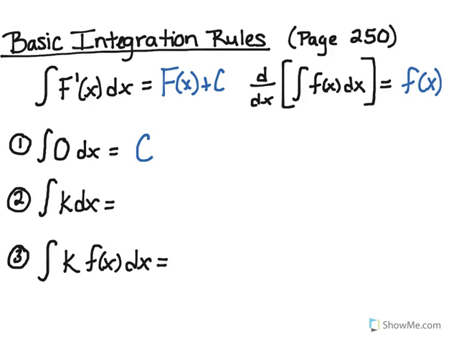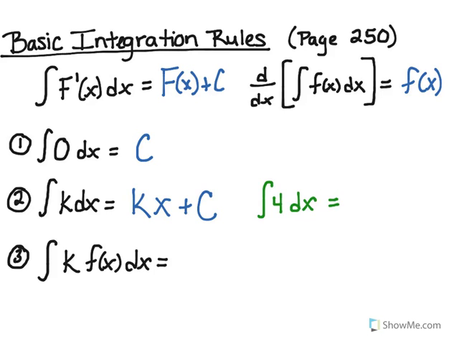Property number 2. The antiderivative of a constant K would be K times the variable, in this case Kx because it was dx, plus C. So think about it as if it had been the integral of 4 dx.